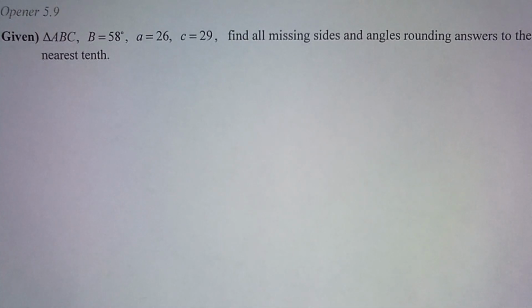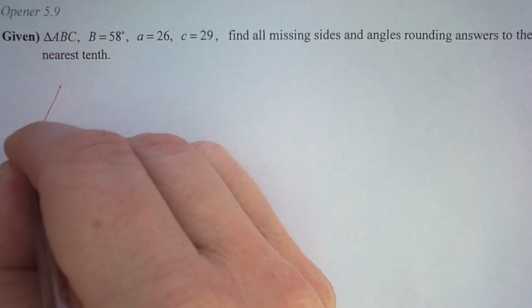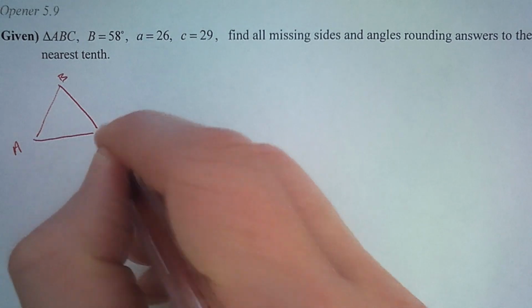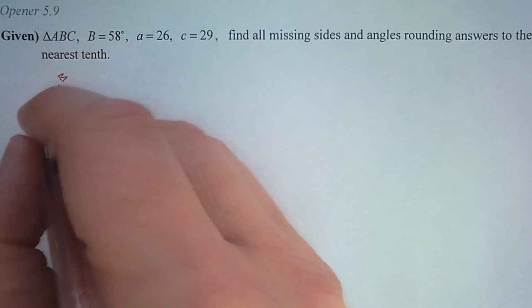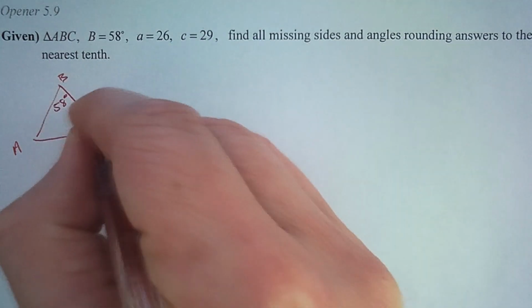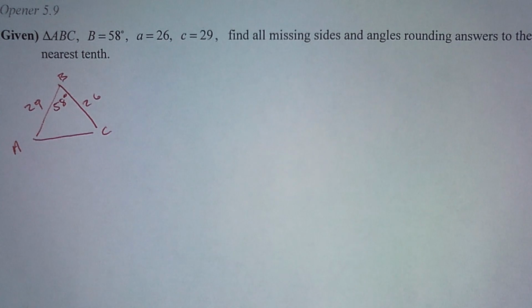So we'll end today's lesson with a little more practice on solving an oblique triangle. So here we have triangle ABC, where angle B is 58 degrees, side A is 26, and side C is 29.